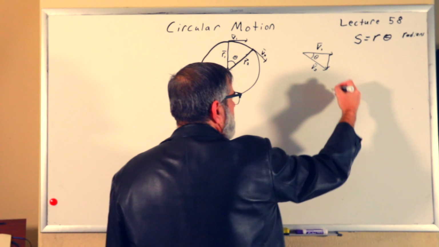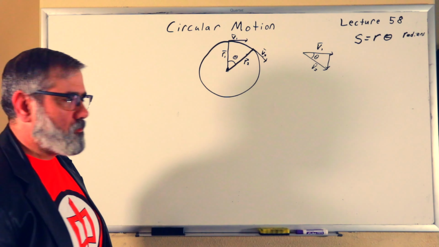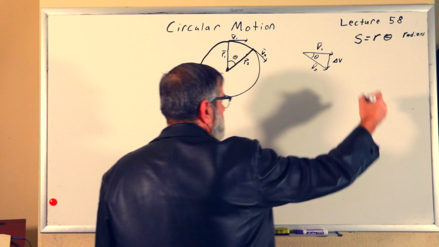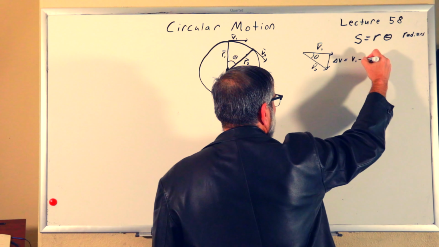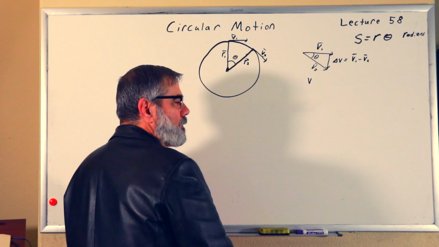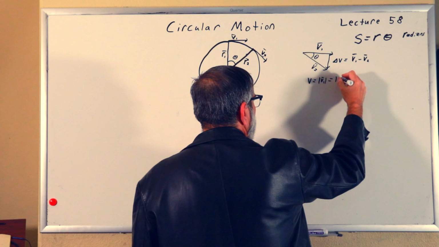Remember, when we place vectors tail to tail like this, it is the operation of subtracting two vectors. So this we'll call delta v, and it's equal to v1 minus v2. And I'm going to write the scalar v is equal to the magnitude of v1 and the magnitude of v2.